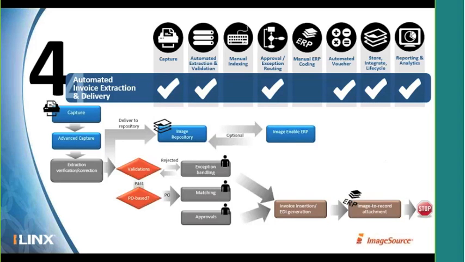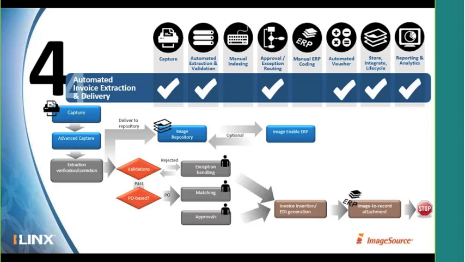So let's take a look at the workflow here. We see the upfront advanced capture steps that we just talked about, where we're performing that automatic document classification and data extraction. This is going to eliminate all or most of the manual indexing of the invoice information. The invoice and extracted index information is delivered directly to the repository like our other solutions.